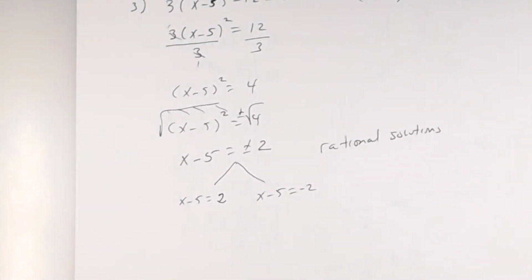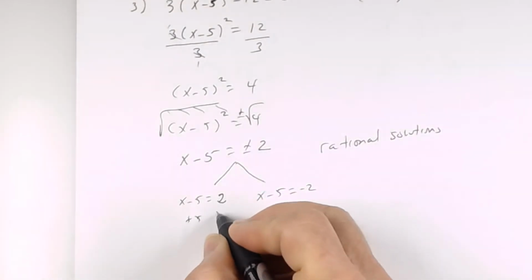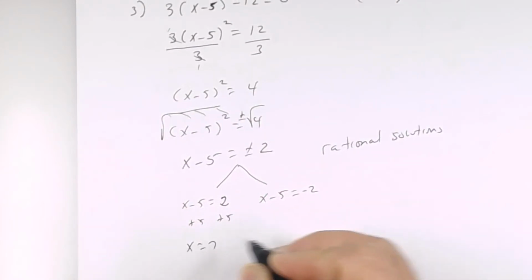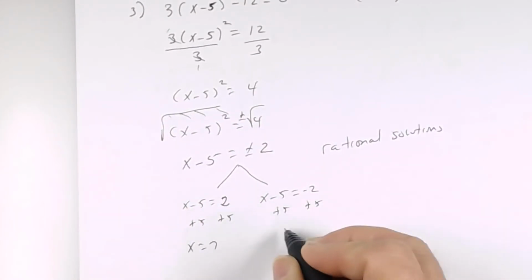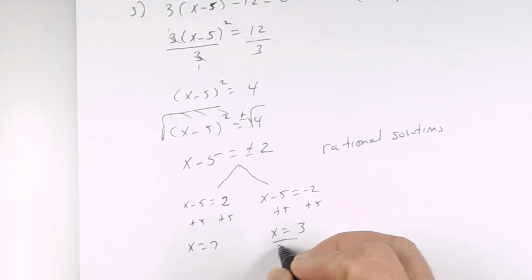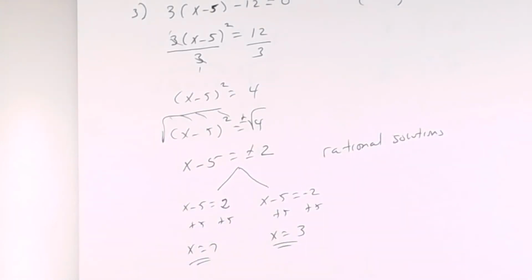And now you can tell me what my rational solutions are. What's the first one? What does x equal? 7. What's the other one? Positive 3, right? So you're going to add 5 to both sides. So x equals 7. Add 5 to both sides. X equals 3. So those are your two rational solutions.